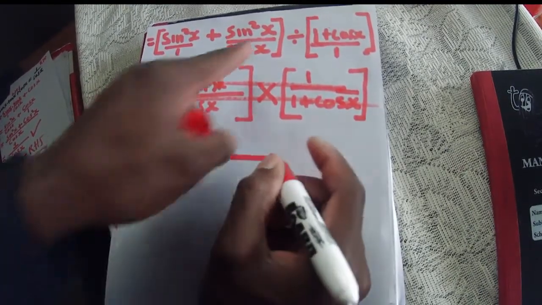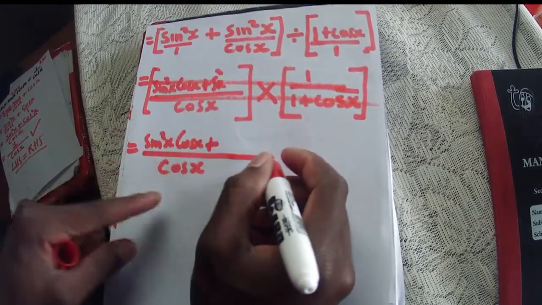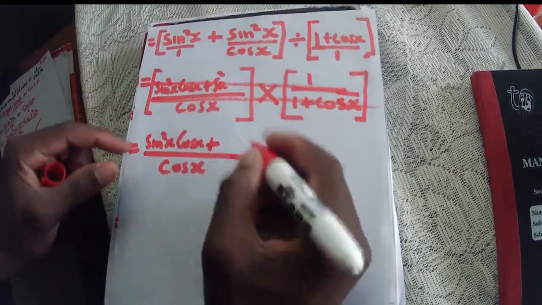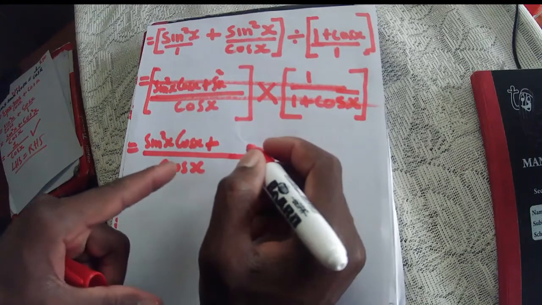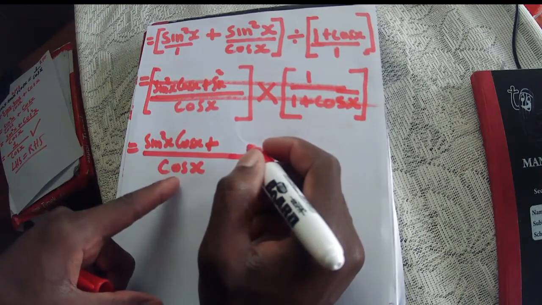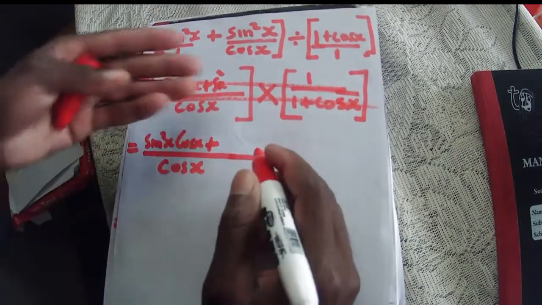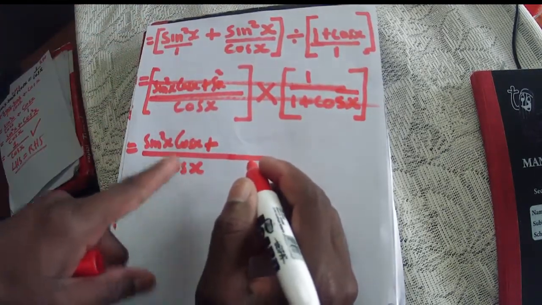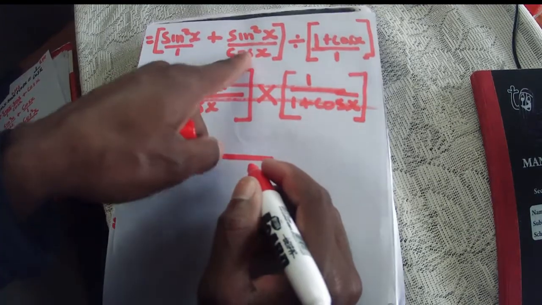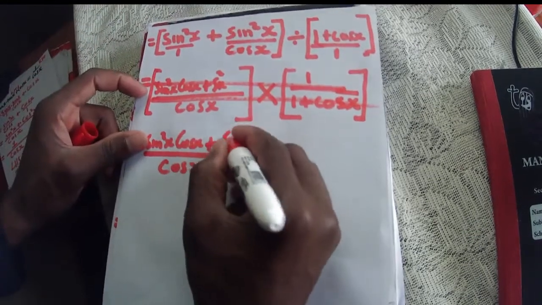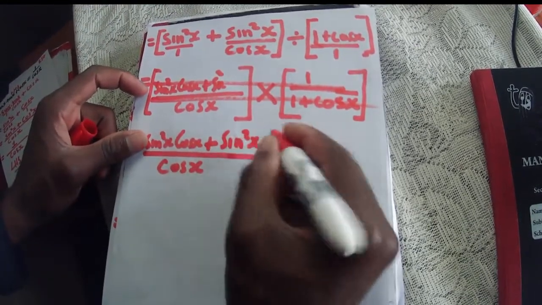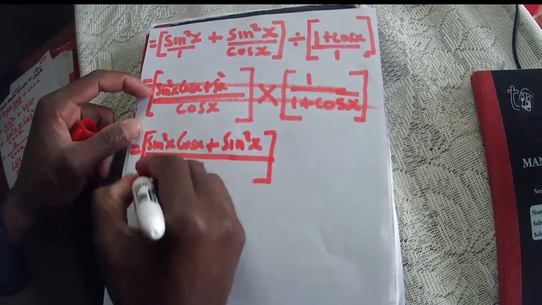Plus, I'm gonna do it on this fraction. Cos is 1, then you multiply. I think I had spaces. It was my mistake. I did not multiply well. So divide this by that. It's 1. 1 times that is sine squared x. Okay, we are good to go.